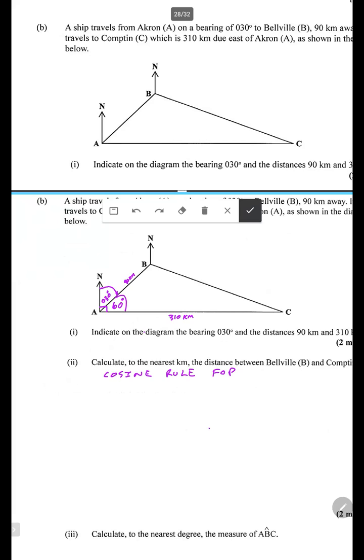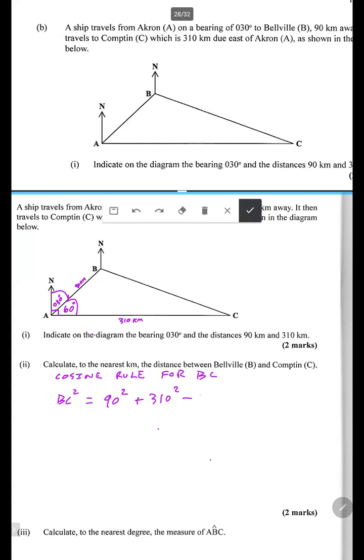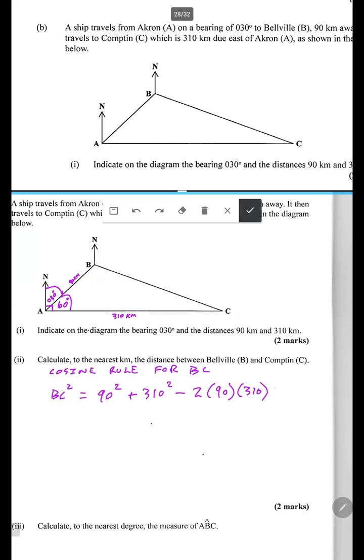Cosine rule for the side BC. The cosine rule says BC squared is equal to this side squared plus this side squared, which is 90 squared plus 310 squared minus 2 times 90 times 310 times the cosine of the angle between the 90 and 310, which we see is 60 degrees.